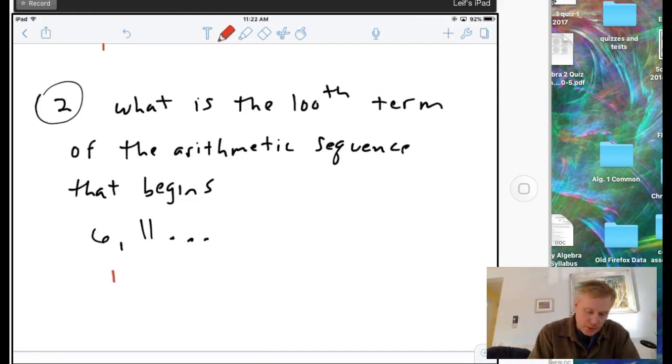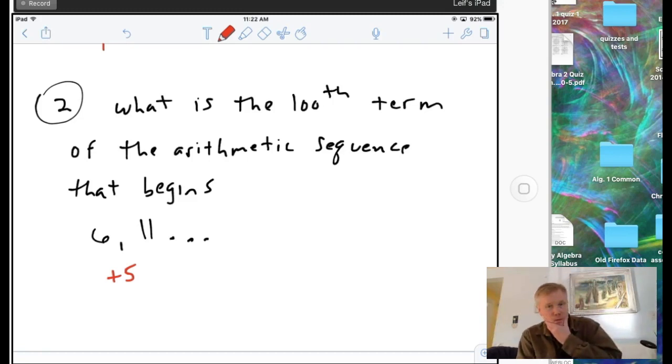Obviously, in this case, you're going to be adding 5. All right, and they want to know the 100th term.